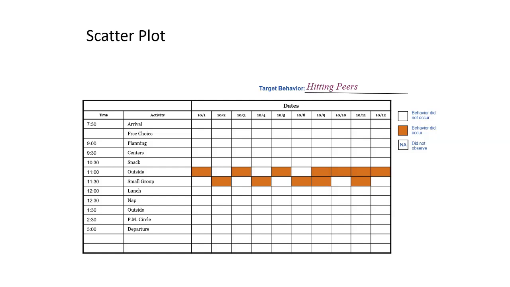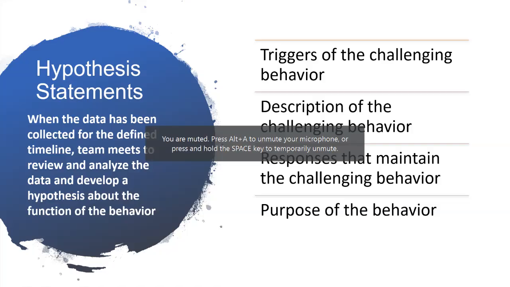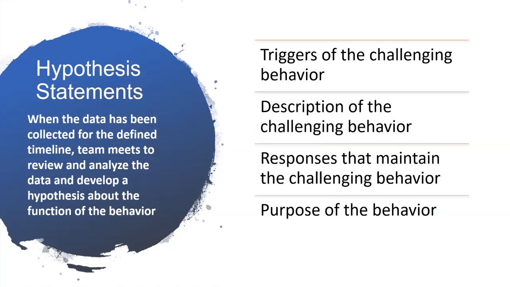So this gives you really good information, and you can look at this and see that the behaviors of hitting are happening outside and during small group. What do you think that behavior was telling us? Behavior typically serves to obtain, avoid, or serve a sensory need.